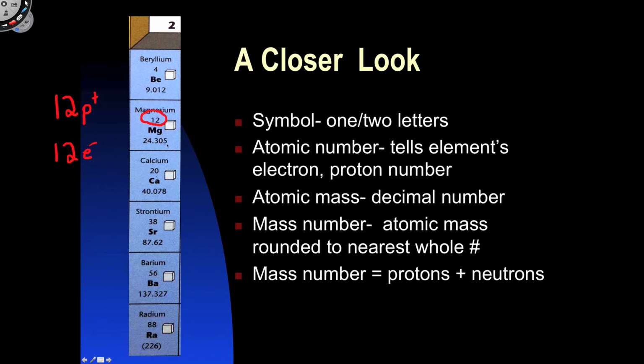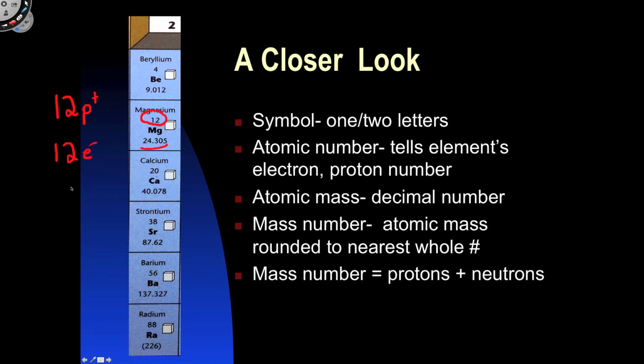The atomic mass, the average atomic mass, is usually the decimal number. We'll talk about the source of that number in future slideshows, but right now you recognize it as the decimal number. That's the difference between the atomic number and the atomic mass. And it's an average atomic mass that we'll get into later.